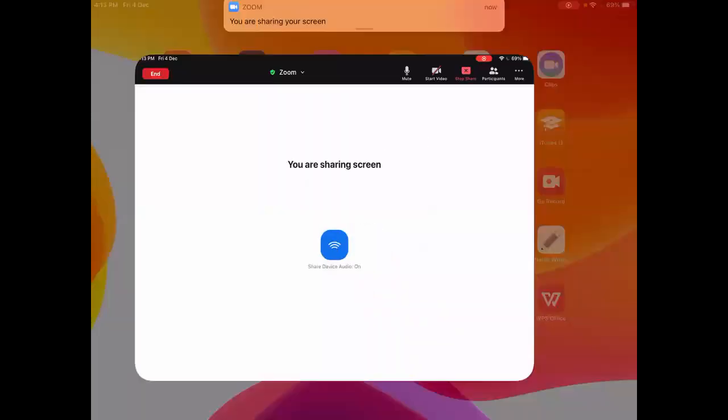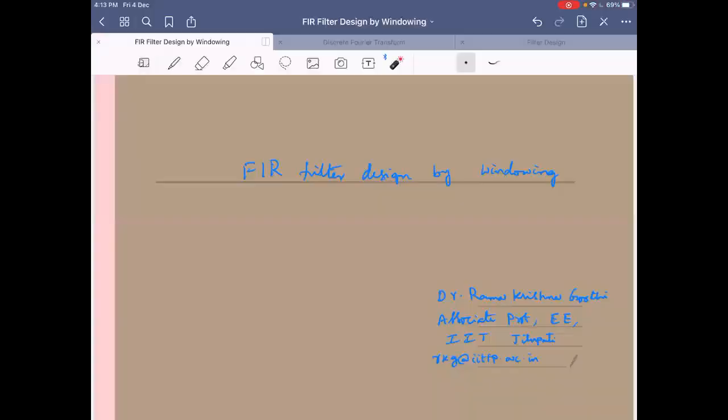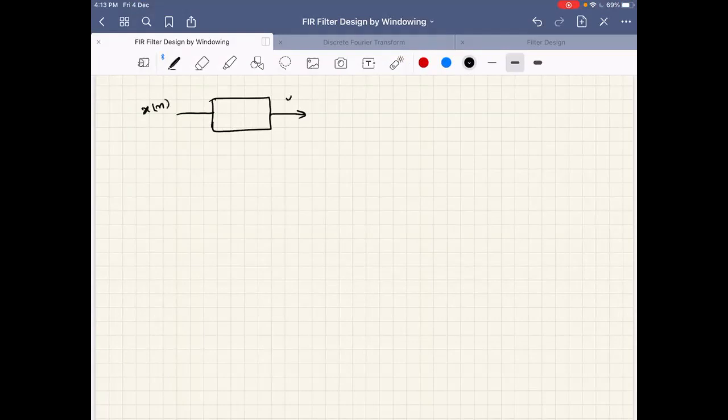In this video lecture, let us discuss FIR filter design by windowing technique with a little more detail. In the previous video lecture, we have seen the differences between the ideal and the practical filters, especially when we are given an input and we expect that the output has only certain frequencies of the input, and certain frequencies in the input signal are to be attenuated.